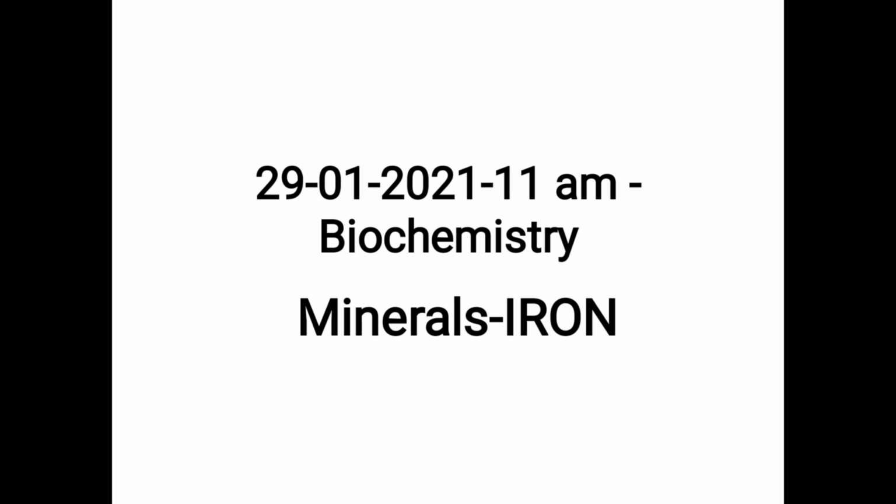Next, 75% of total iron is in Hb. Okay, 75% of total iron is in hemoglobin, and 5% in myoglobin, that is in the muscle. So that is heme and non-heme.